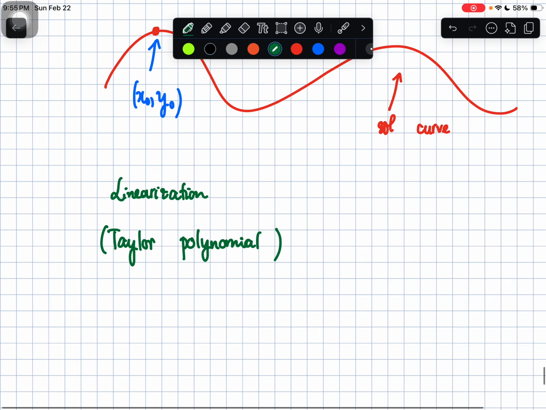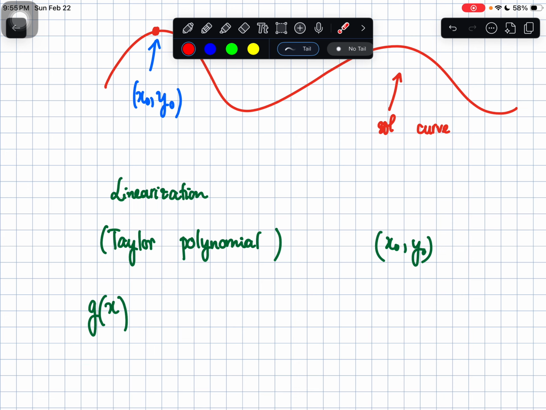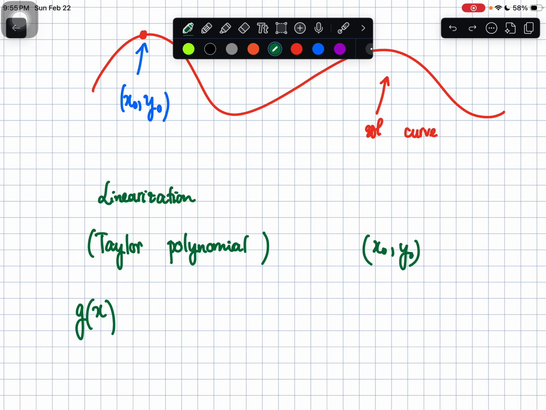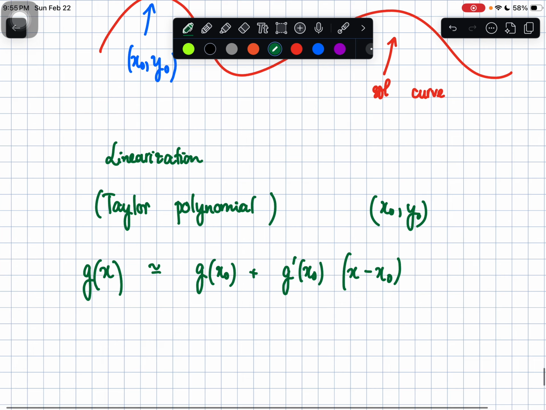So let's say we have a curve g(x), and we have the point x0, y0 on this curve, and we will approximate every point on the curve around the neighborhood. So g(x) is approximately g(x0) plus g prime of x0 times x minus x0. So here y0 is g(x0).